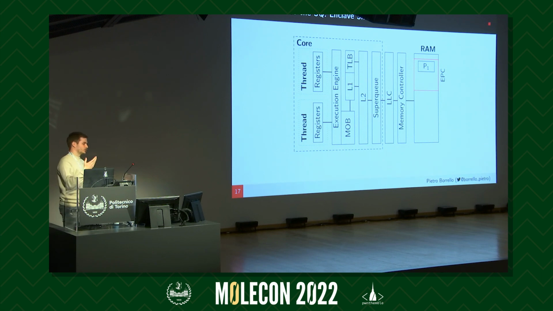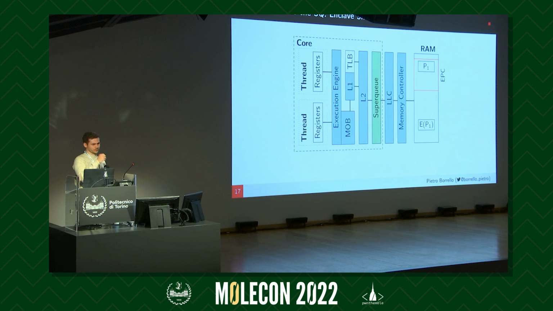And we have a page in that memory region. When we execute the EWB instruction, we want to put that page outside of the encrypted memory so that we can use more memory, save it, swap it out, or whatever. What is happening here? To encrypt, you have to do computation inside the CPU. So it literally passes through all of the caches that you can have inside the CPU.